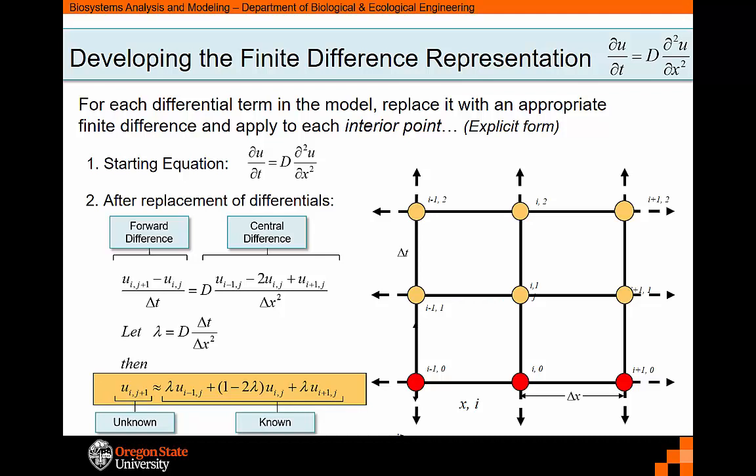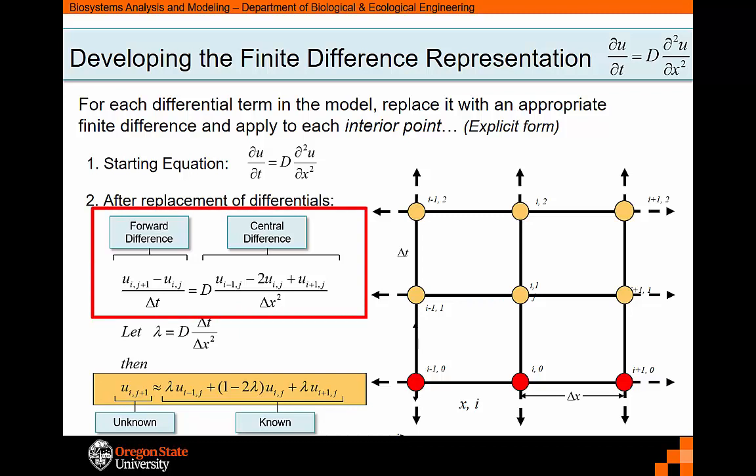In this case, we have two differential terms, du dt and d2u dx squared. For the first order term, we will use a forward difference, which allows us to estimate a future point in time based on current values. For the second order term, we use our standard finite difference substitution developed earlier. Making these substitutions results in an algebraic difference equation to replace our original differential equation.